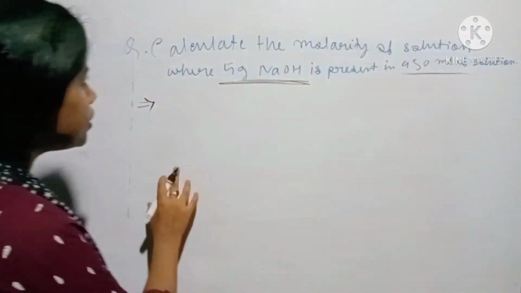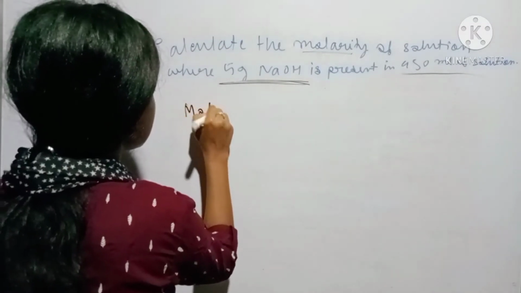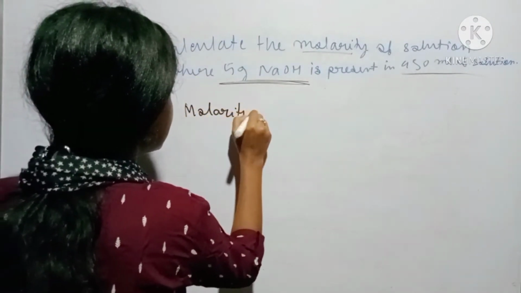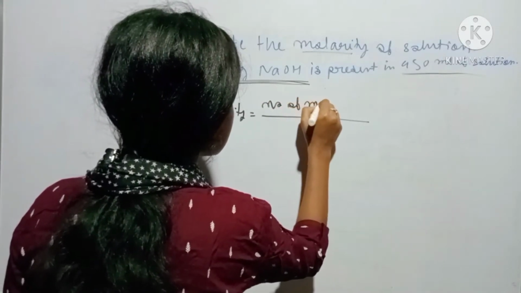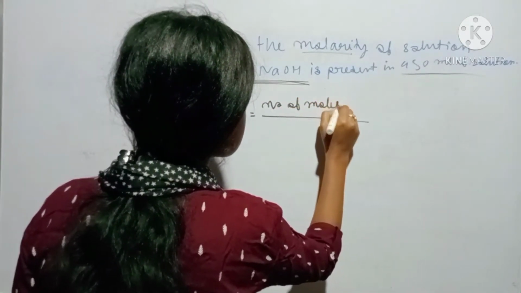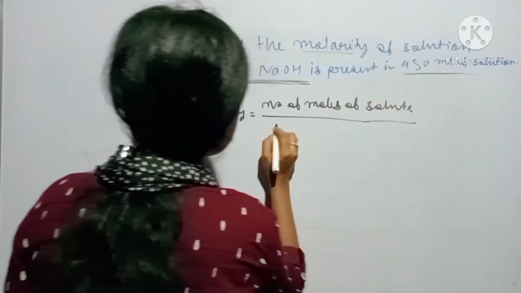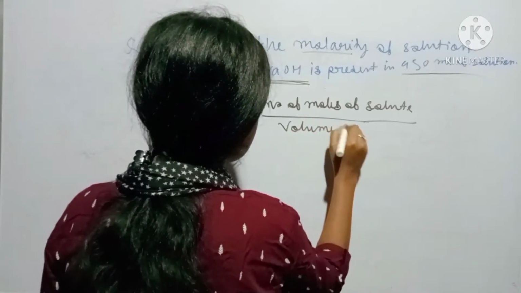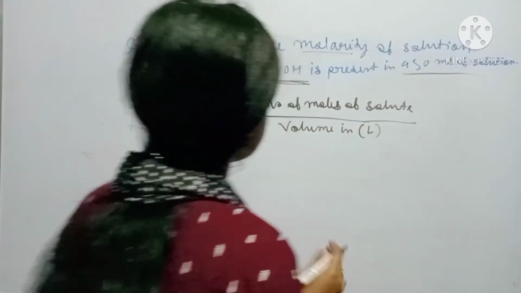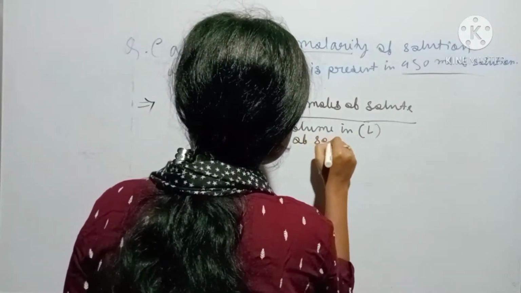We have to calculate the molarity, and we know that molarity equals number of moles of solute divided by volume of solution in liter.